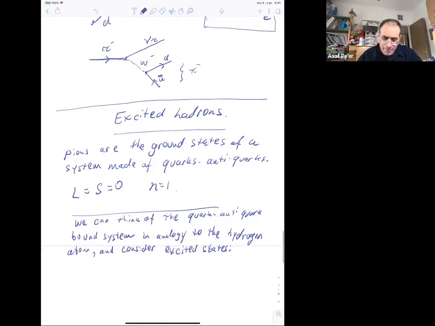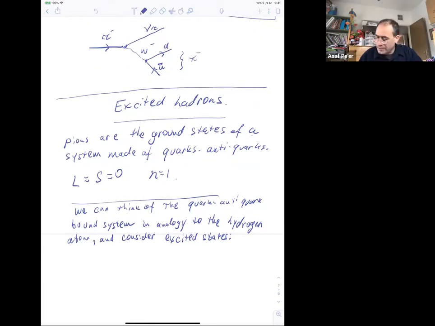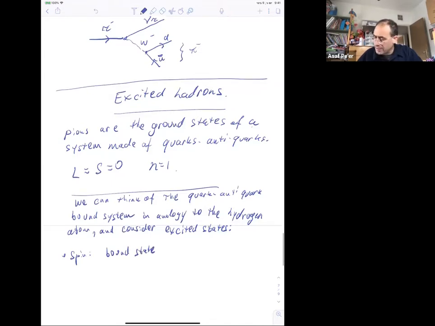Right, so for example, we can have a higher spin, right? So we can consider a bound state of, let's say, the up and anti-down quark, just like the positively charged pion.